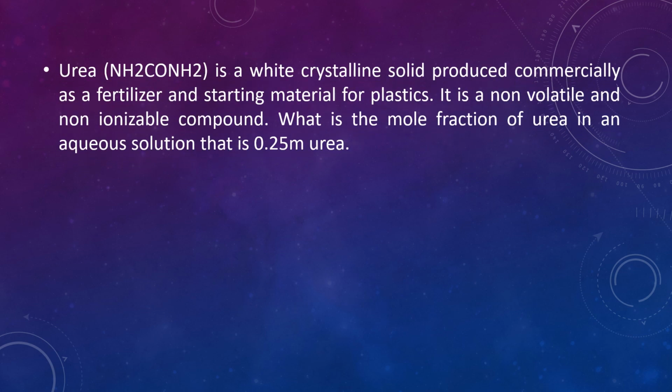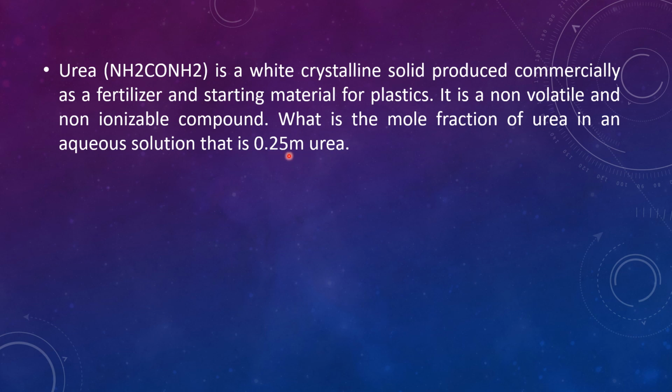Here an example is given. Urea is a white crystalline solid produced commercially as a fertilizer and a starting material for plastics. It is a non-volatile and non-ionizable compound. What is the mole fraction of urea in a 0.25 molal aqueous solution of urea?